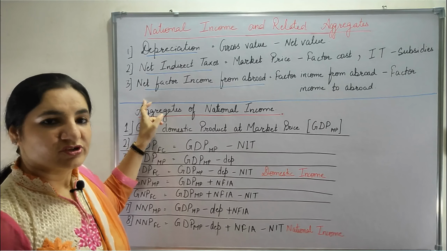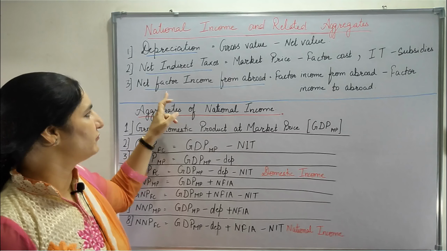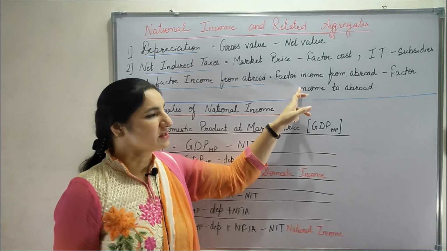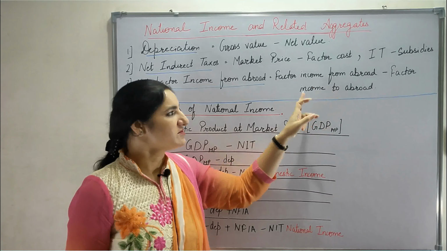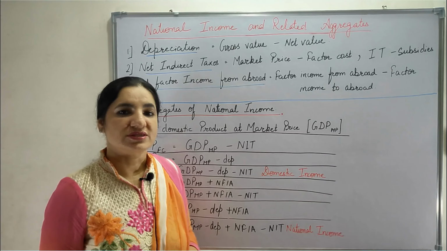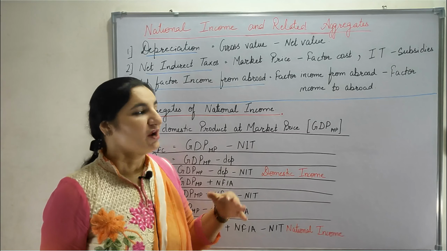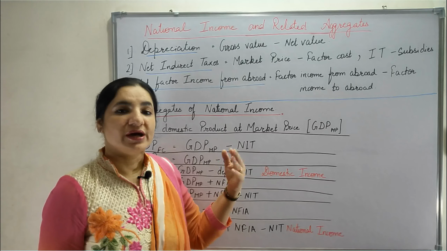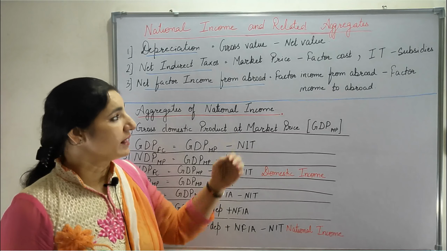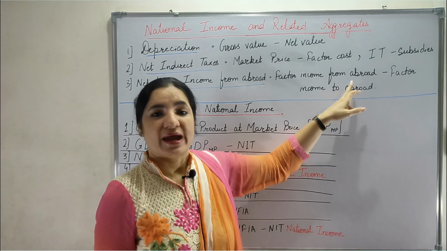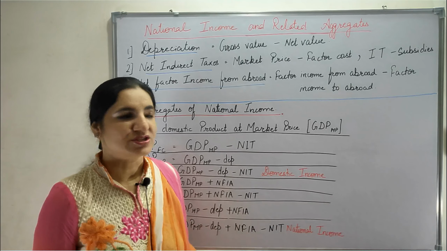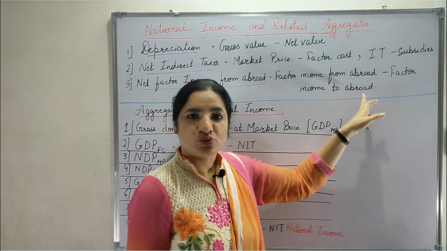Third concept, which we have read in previous class, is net factor income from abroad. Net factor income from abroad means factor income from abroad minus factor income to abroad. It means we consider it taking the concept of domestic territory in mind, and whatever factor income we are receiving from abroad is factor income from abroad, and the same way the factor income which is paid abroad, that is to rest of the world, is factor income to abroad.